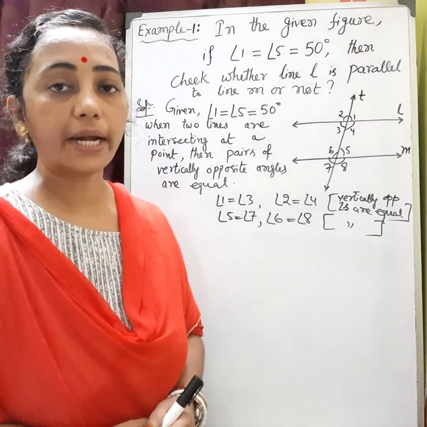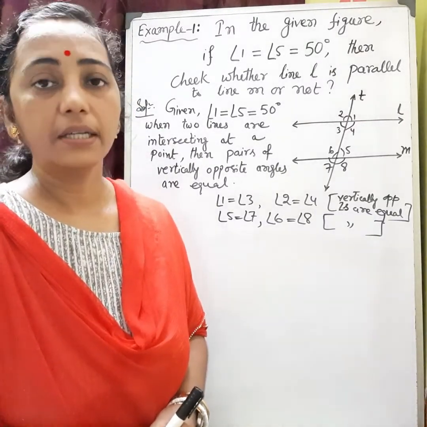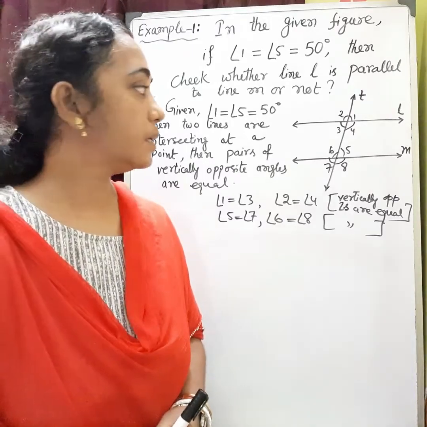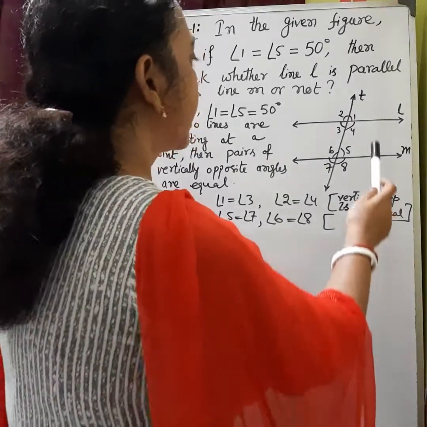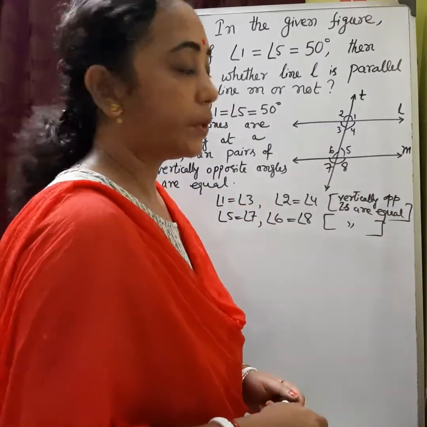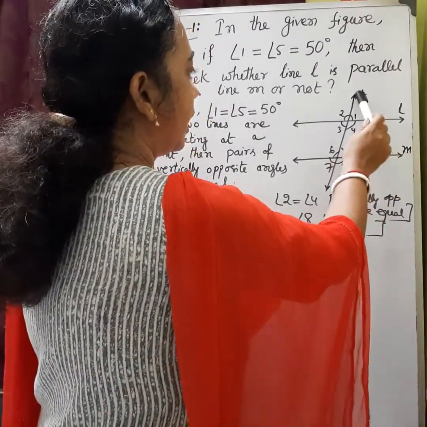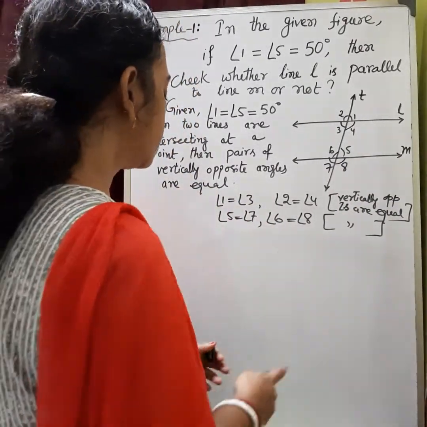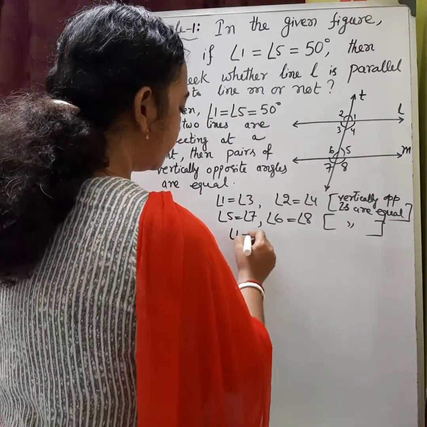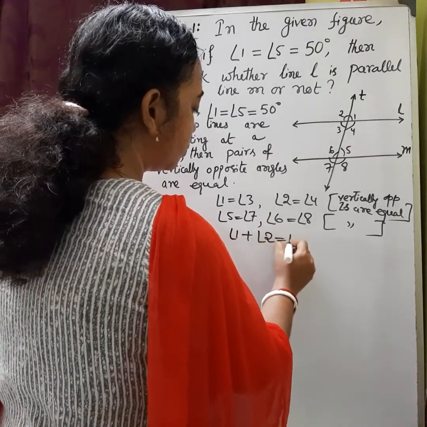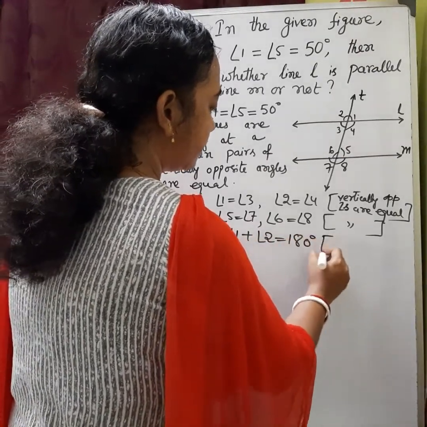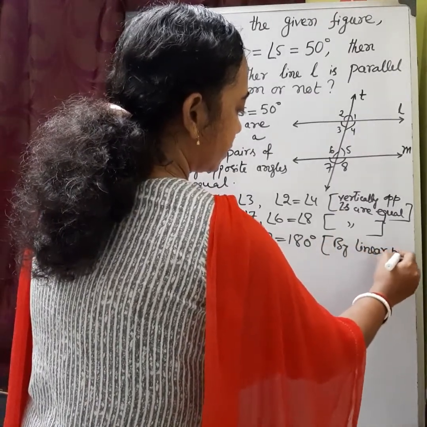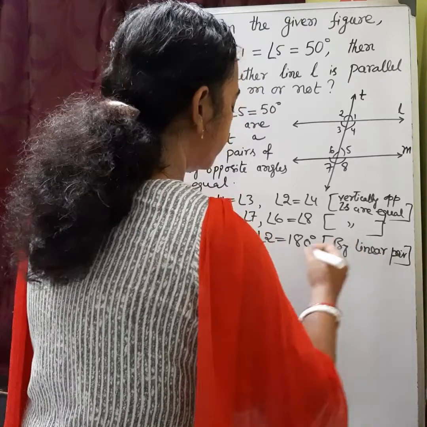Now we know that if a ray stands on a line, then the sum of the linear pair of angles so formed is 180 degree. So in this figure, here angle 1 and 2 forming a linear pair of angles because this is a line, and if we consider this as ray, then their sum will be 180 degree. So we can write angle 1 plus angle 2 is equal to 180 degree by linear pair, or we can say by linear pair axiom.